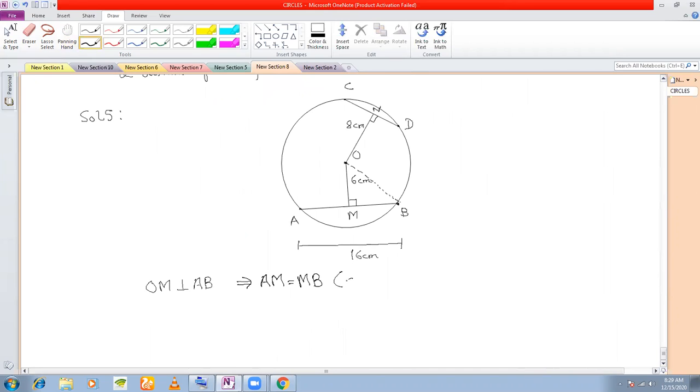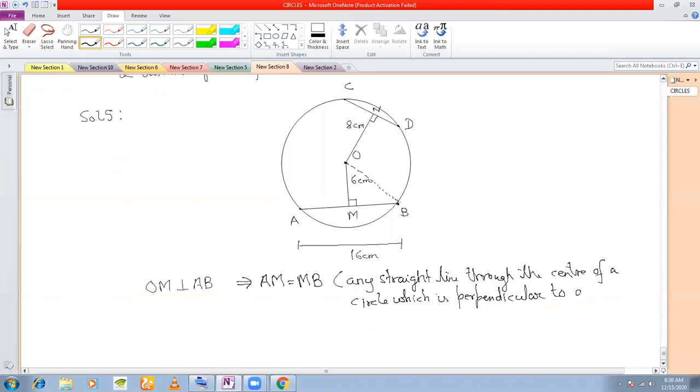And why would I conclude this? You'll write the statement: any straight line through the center of a circle which is perpendicular to a chord bisects it.